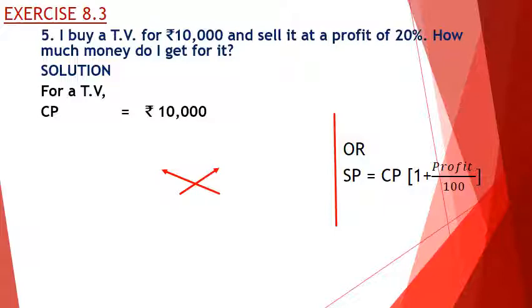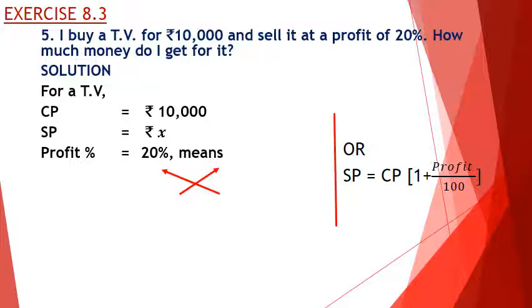So we can write, profit 20% means if CP equal to rupees 100, SP equal to rupees 120. That is, if CP equal to rupees 100, profit will be rupees 20. Profit 20% means for 100 rupees, the profit will be rupees 20.